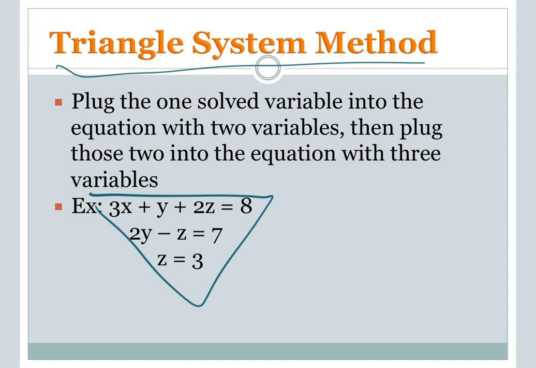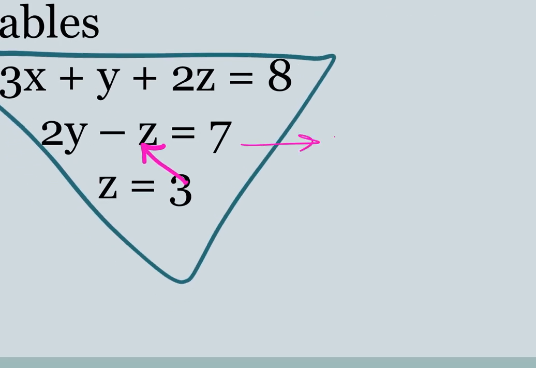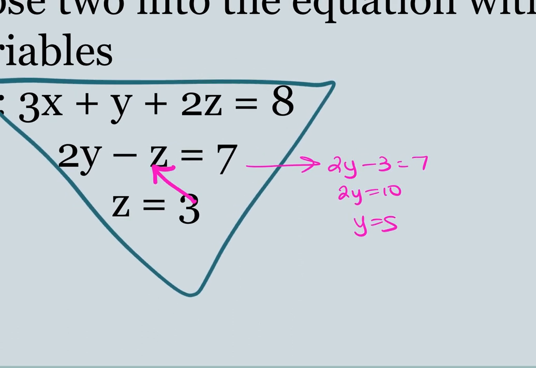We take the equation that has 1 variable already solved, and we plug it into the one that has 2. So if z is 3, then I take 2y minus 3 equals 7, and I solve for y. 2y equals 10, and y equals 5. Now I have 2 variables, so I put the 3 in for the z, and I put the 5 in for the y.